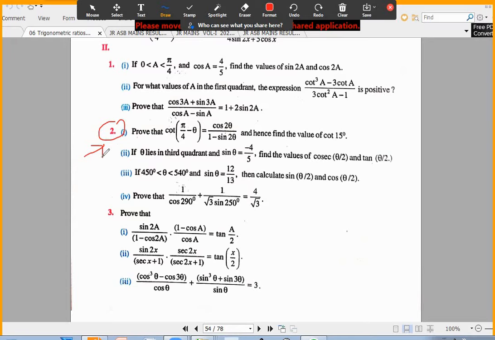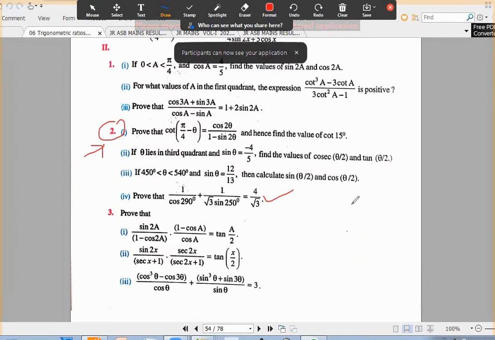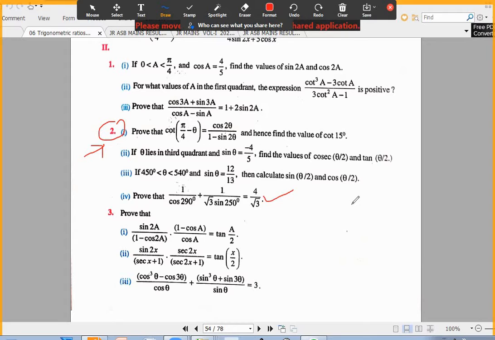Yeah, but still somebody might not have understood. So it's my duty to ask. Sir, in section 2, second question, fourth bit, sir. Yeah, okay, I'll discuss that. The calculation is not coming, sir. Fourth one. Yeah, I'll tell you.